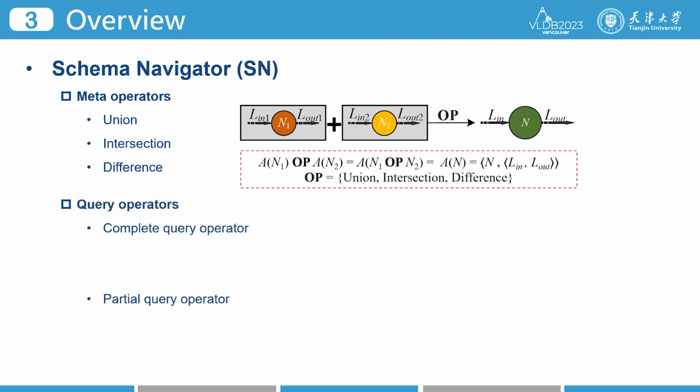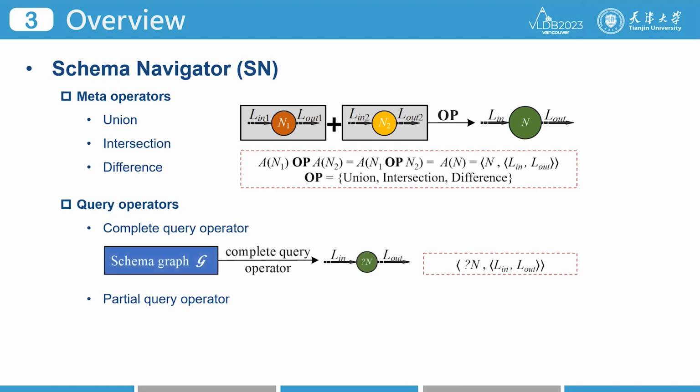Our second type of operators, query operators, acts on a schema graph and consists of a complete query operator and a partial query operator. They work by letting the users set the incoming and outgoing edge label sets, L_in and L_out, and then use the expected feature of the atomic graph to match hypernodes for querying.